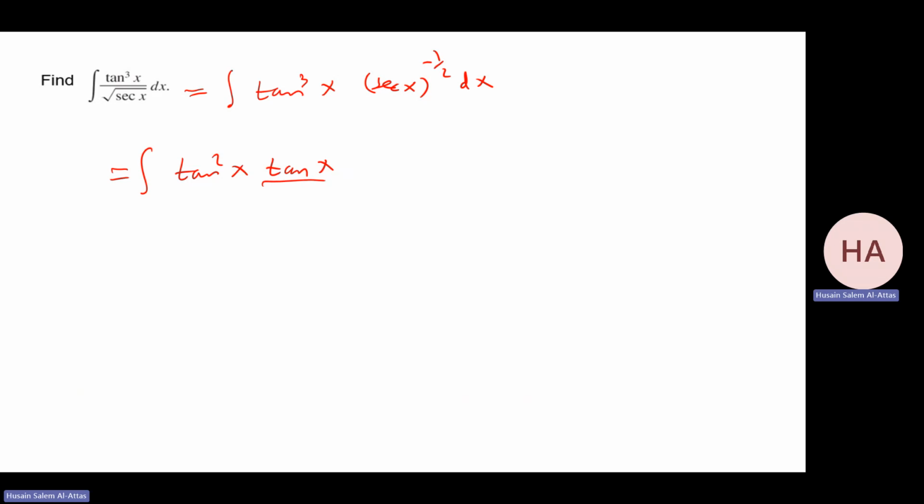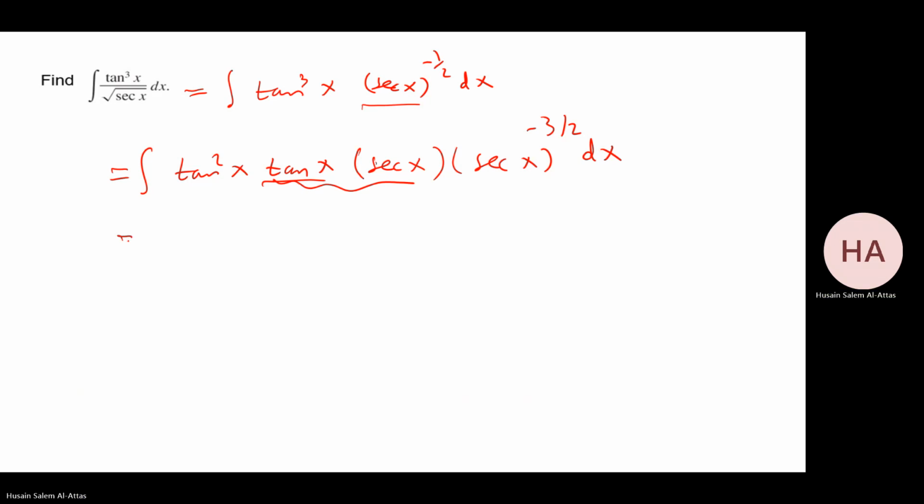So now I get the term tan. I need the term secant. Yeah, this one I can do this trick. Secant x to the power minus half, I need secant. It times secant x to the power minus 3/2. I know 1 minus 3/2 is minus half. So this is my term, which will be du.